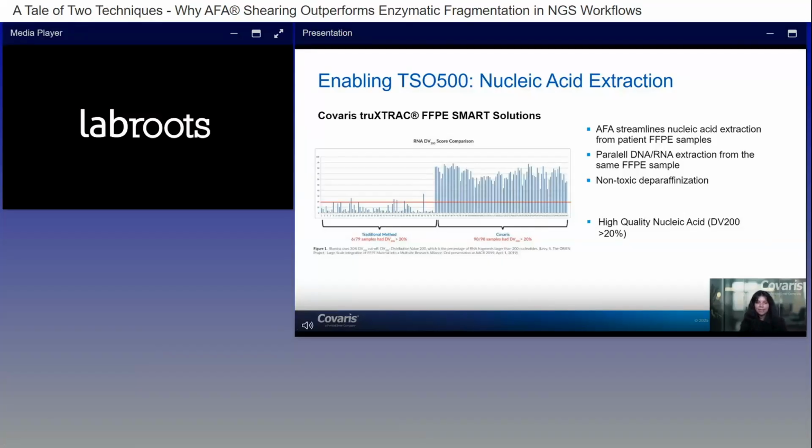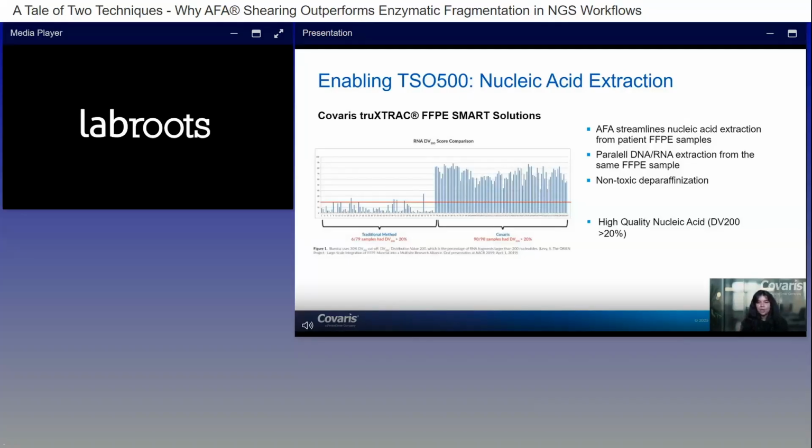And this is a pretty striking figure. So I hope you can appreciate that using traditional methods, they were really struggling to get usable RNA, with only 6 out of 79 of their samples actually producing a DV200 score that met this threshold. In comparison, you can see that the Covaris workflows consistently produced quality RNA, with 90 out of 90 samples meeting and exceeding that DV200 threshold.